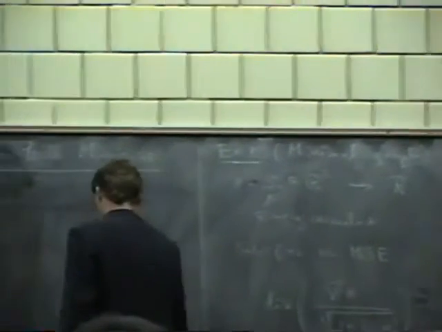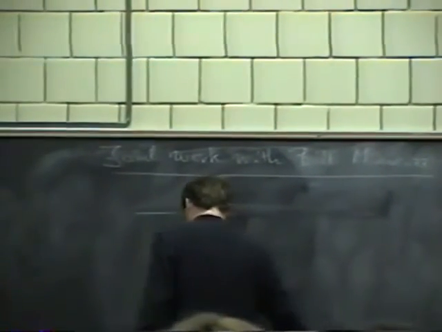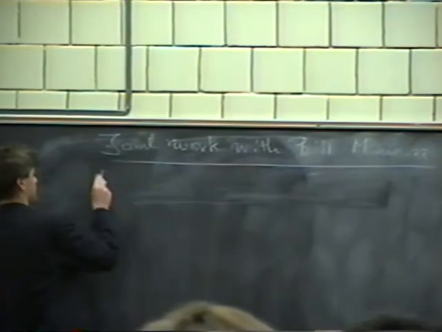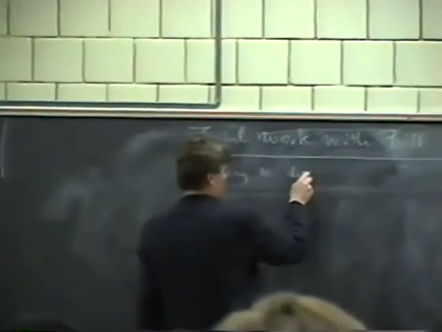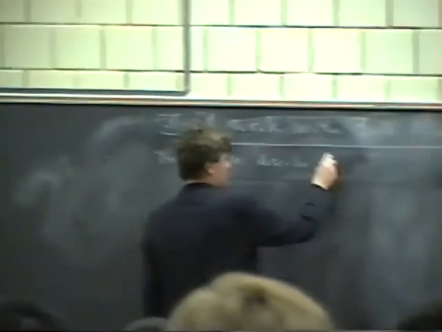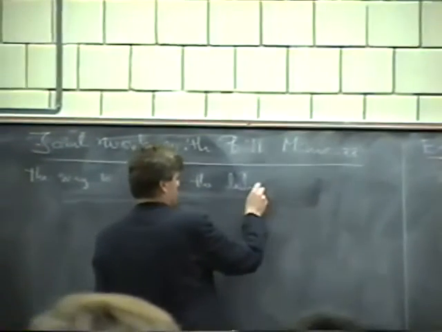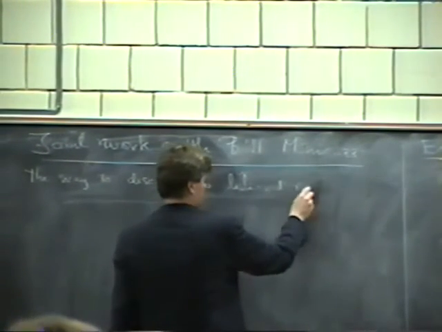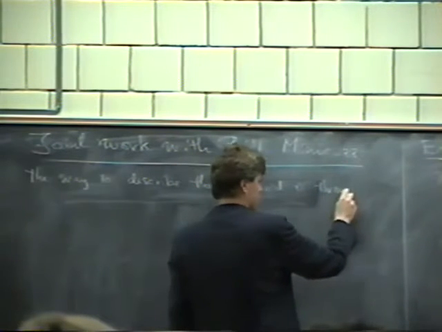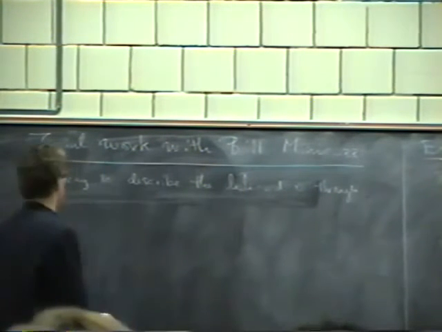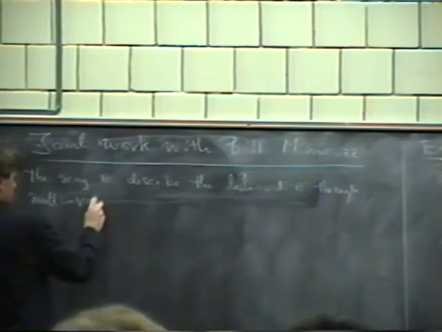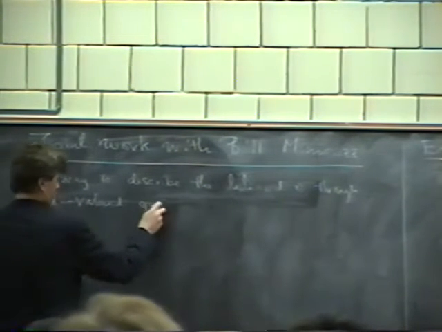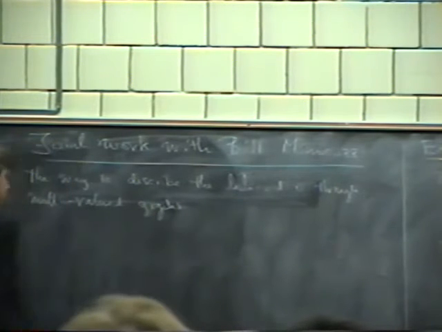This is a way of describing the helicoid, and the way to describe the helicoid is through multivalued graphs.